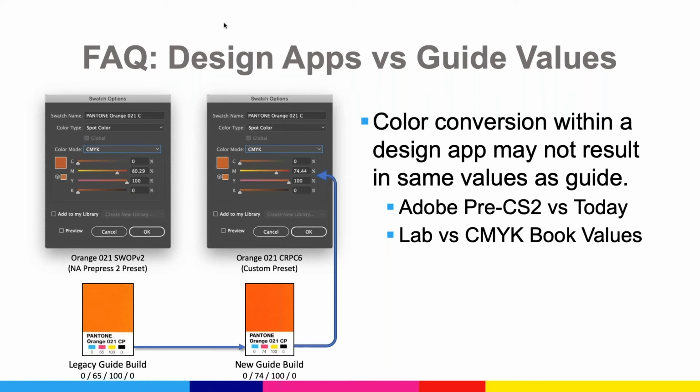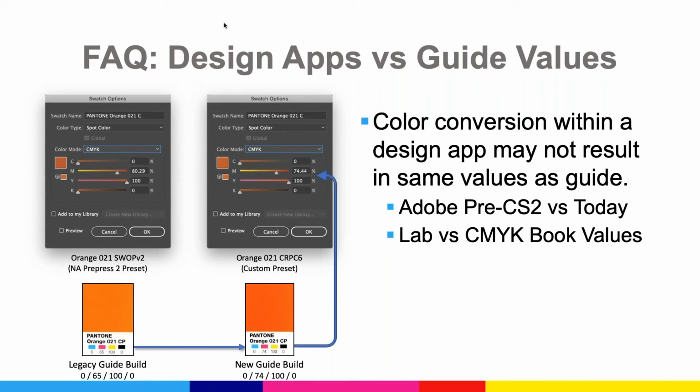Further, and worth pointing out, is that your color settings in the Adobe products do matter. And while that's not the focus of this presentation, it is something to highlight that over time that process has changed. And so depending on the configuration of your software, your results to match this example on screen may vary. We'll probably be covering more of that as we develop more content to share with you to provide better insights and guidance on that topic.